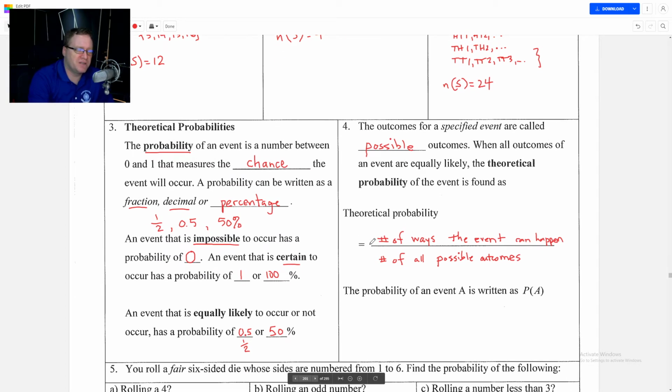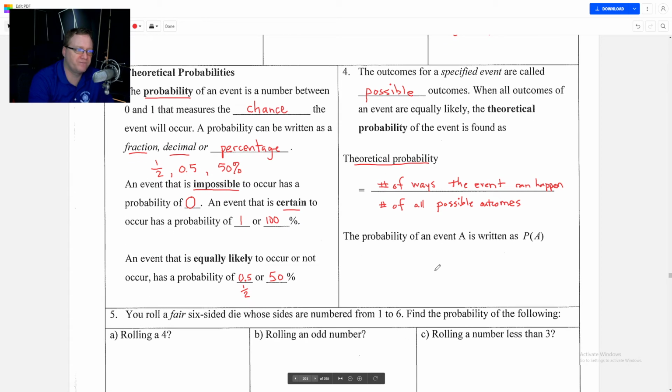But just know that the theoretical probability, or you can just say the probability of something happening, is the number of ways the event can happen divided by the number of all possible outcomes. And when we write a probability, if we are given a set notation, we just write it as the probability of the set happening.